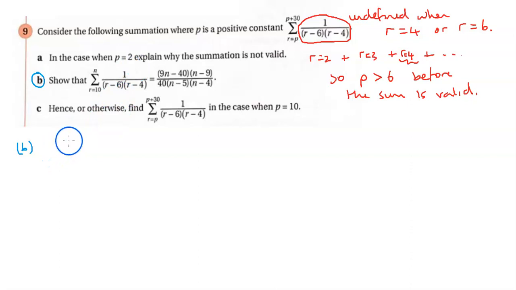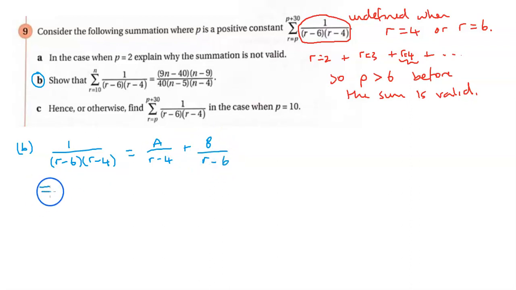So we want 1 divided by (r minus 6)(r minus 4) equal to a divided by (r minus 4) plus b divided by (r minus 6) using partial fractions decomposition. And so we get that 1 is equal to a(r minus 6) plus b(r minus 4).